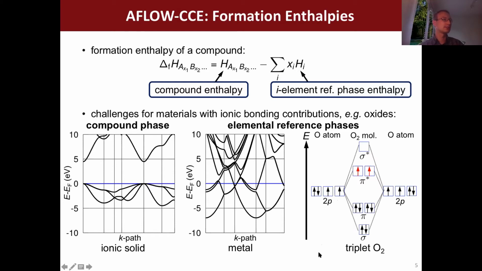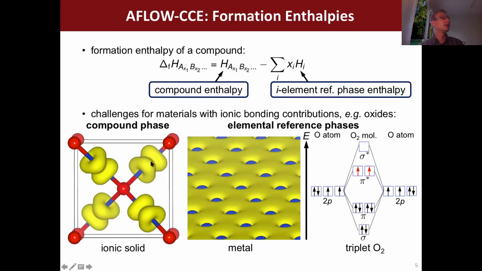We can visualize this maybe even a little bit nicer: for transition metal oxides, the electronic densities for those states are very localized around the transition metal centers. So you get very strong electron localization effects where DFT usually has a problem. And for the metallic reference phase, you basically have this Fermi sea of electrons around those nuclei, so very extended. So this is something very different.